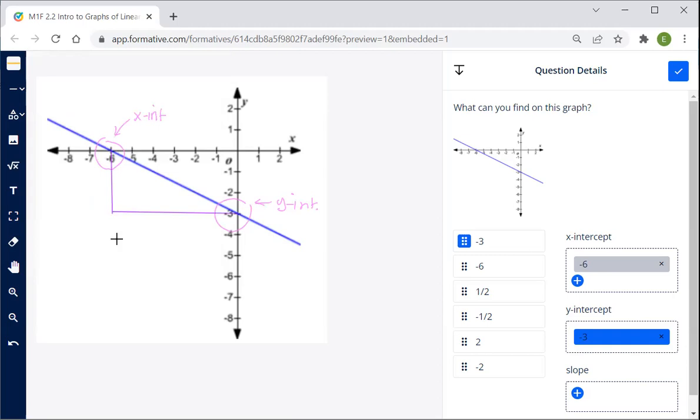If I start here at 0 and I count down 1, 2, 3, that's going to give me a -3. And then going to the right here, this is at -6 and we go to 0, so that's 6 spaces. So if I put that together as the rise over the run, that's -3 over 6, or -1/2.